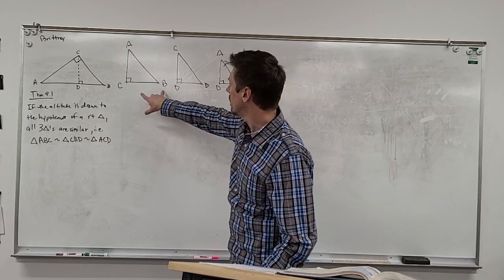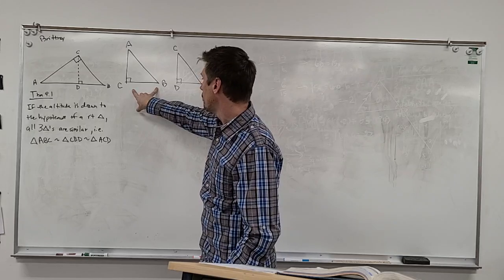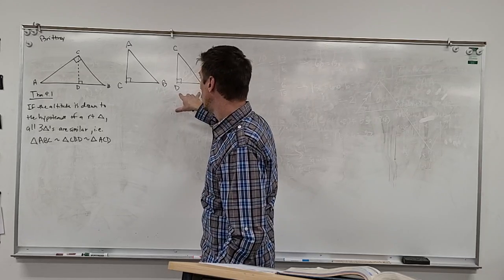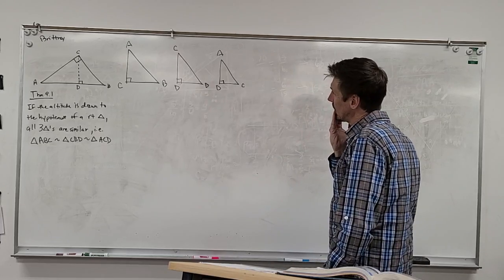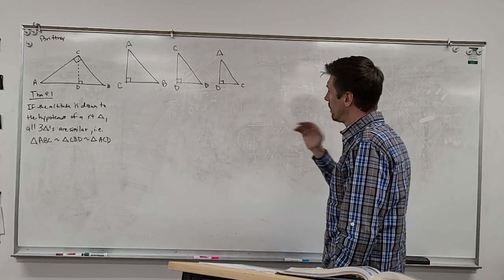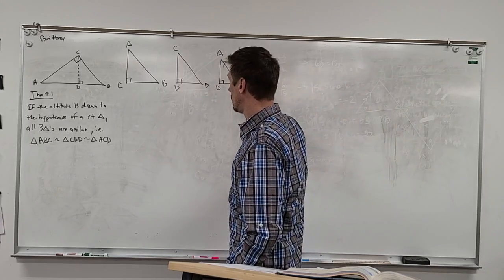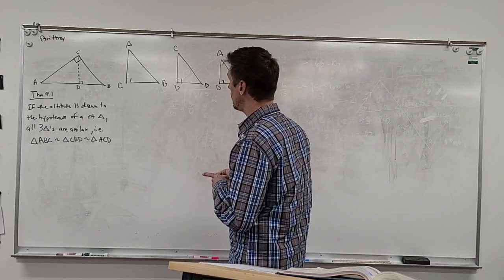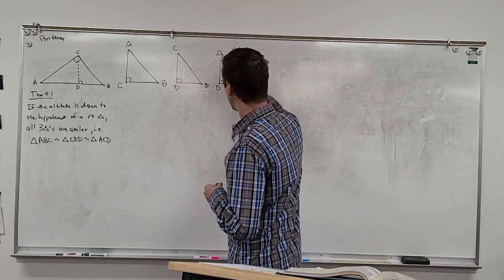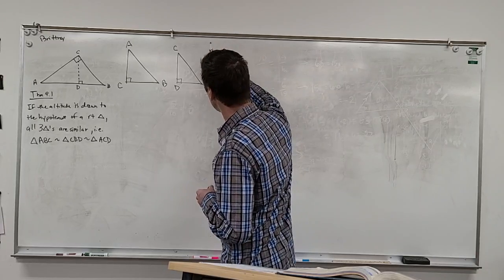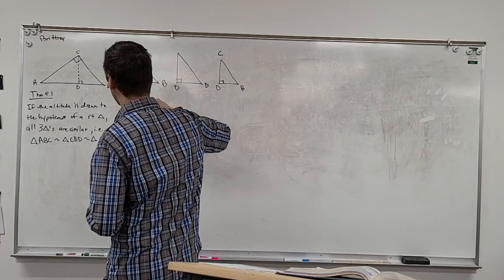So did I do that right here? Let me see. CB corresponds to... Wait a minute, I did something wrong. Sorry guys, hang on just a second. This is supposed to be DB. I wrote them out of order. My bad. This is C. This is the medium-sized triangle. It's right here.